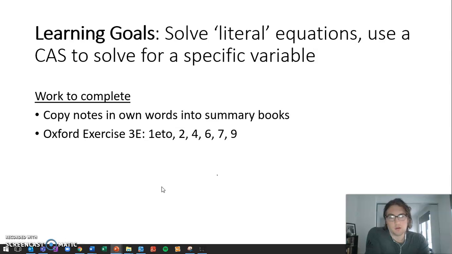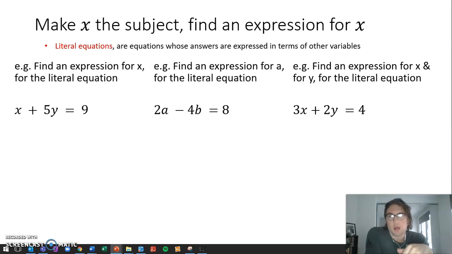Literal equations are equations whose answers are expressed in terms of other variables. Let's say we've got this equation here: x plus 5y is equal to 9. This question is saying find an expression for x for this literal equation.